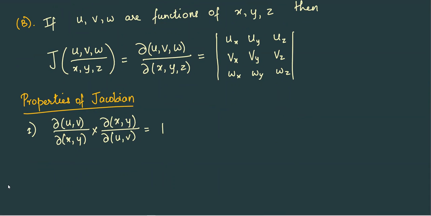So this is J dash is equal to 1. That is the idea.